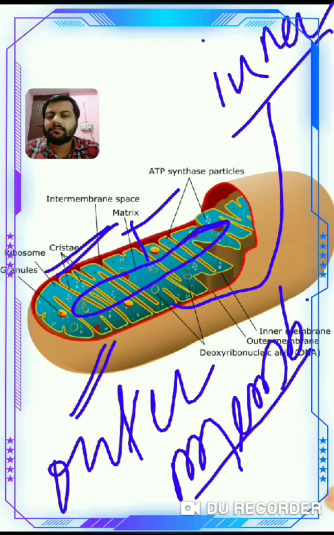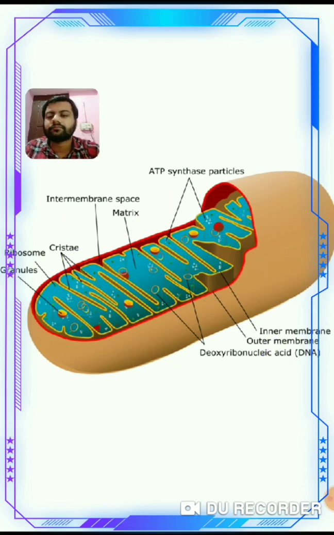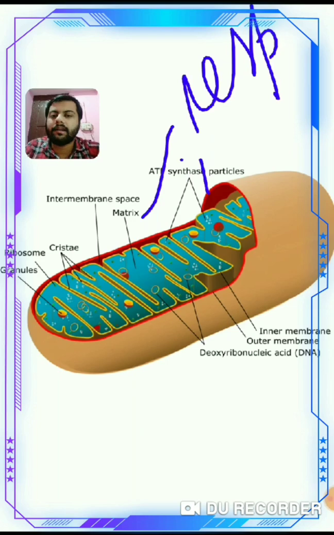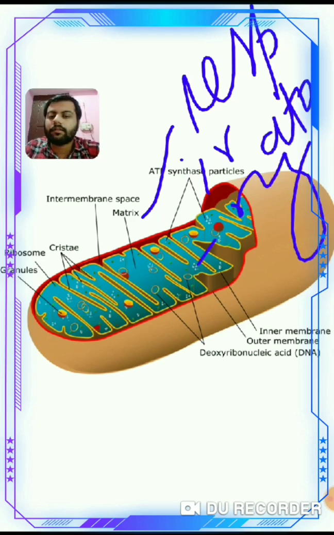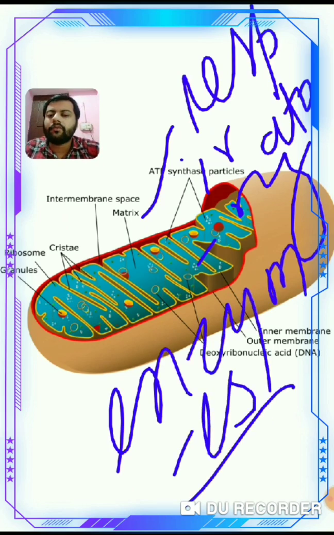That means the jelly-like or semi-solid substances present inside the inner membrane are known as matrix. The matrix contains many enzymes, mainly respiratory enzymes, which help in the process of respiration.